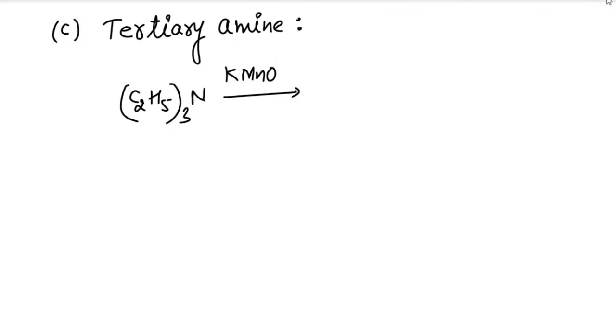Now, tertiary amine. So tertiary amine, let us say triethylamine. Triethylamine on oxidation with KMnO4, we get triethylamine oxide.